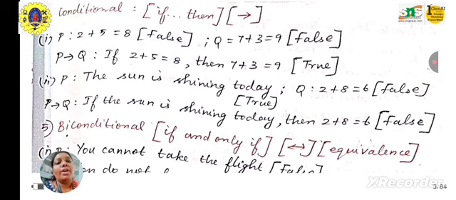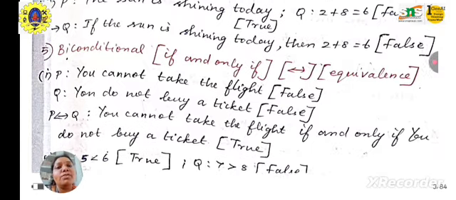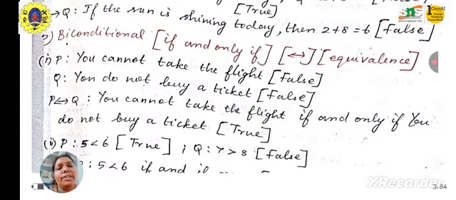Now the biconditional, where we use "if and only if". Let us see one example. P: you can take the flight. We consider that false. Q: you do not buy a ticket. That is also false.